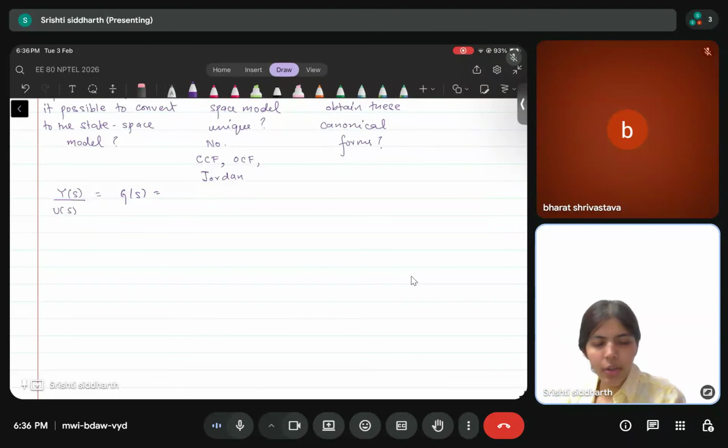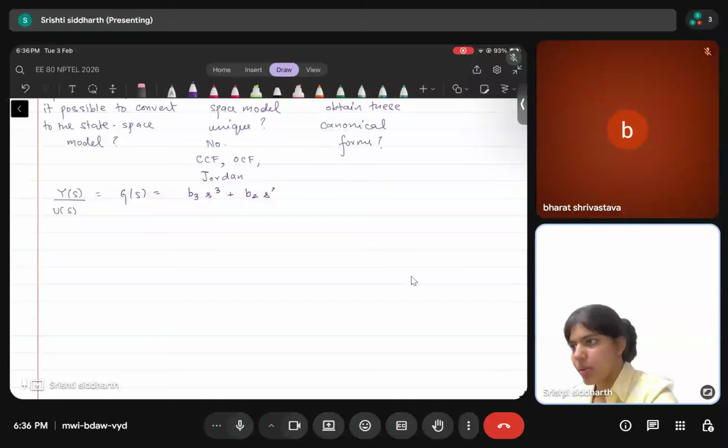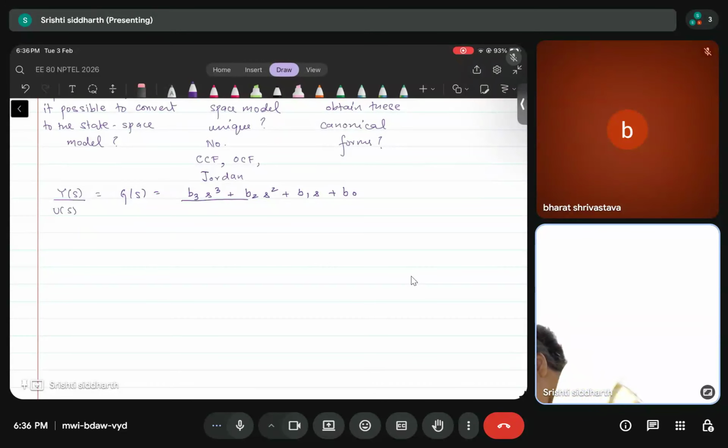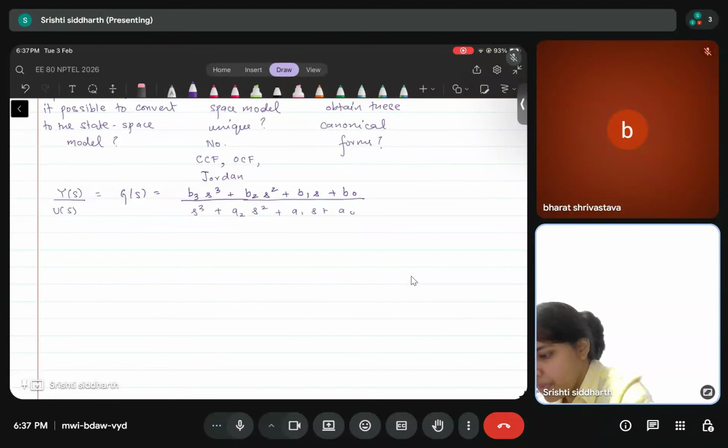We'll consider third order systems. The numerator is b3 s cubed plus b2 s squared plus b1 s plus b0, over s cubed plus a2 s squared plus a1 s plus a0.